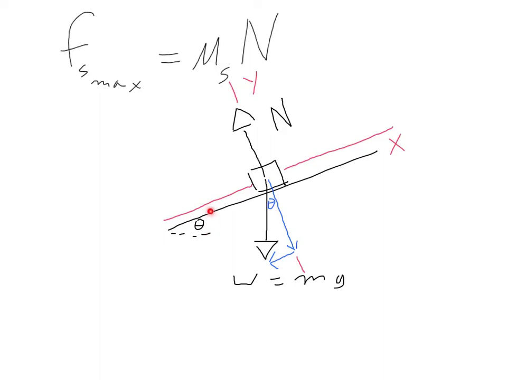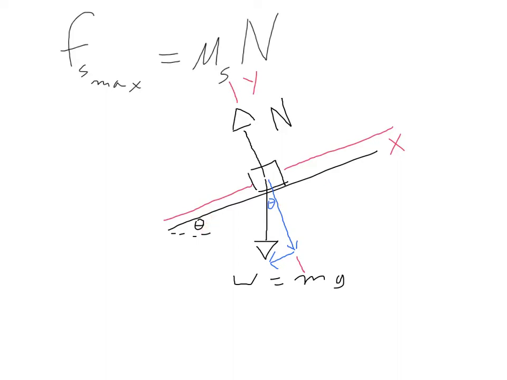You could do a geometric proof and show that if you have an inclined plane and you tilt your x-axis and you tilt your y-axis, and then you draw the y component of the force of gravity and the x component of the force of gravity, you could geometrically prove that this angle theta and this angle theta are the same angle.